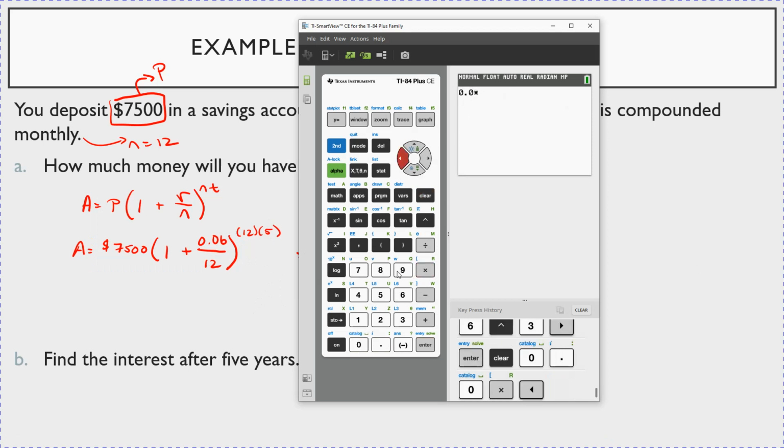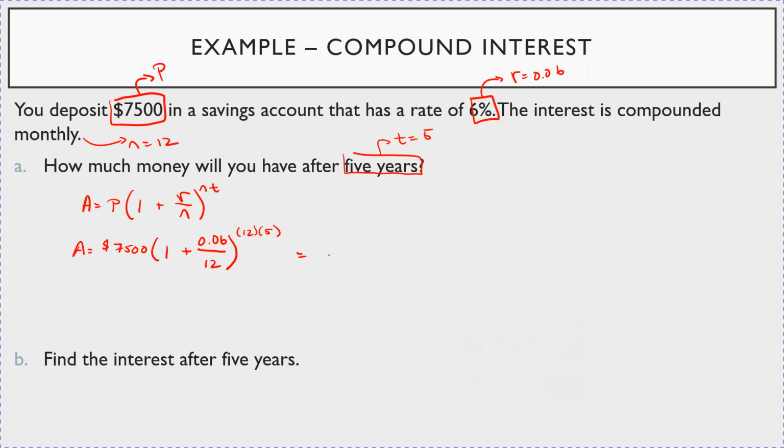So you can go 0.06 divided by 12 plus 1. So the inside of the parentheses is 1.005. And 12 times 5 is 60. This is important: you have to remember your order of operations.